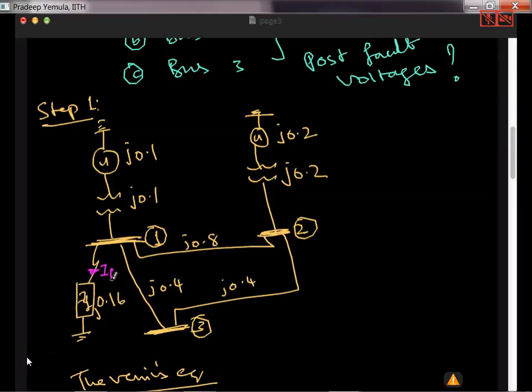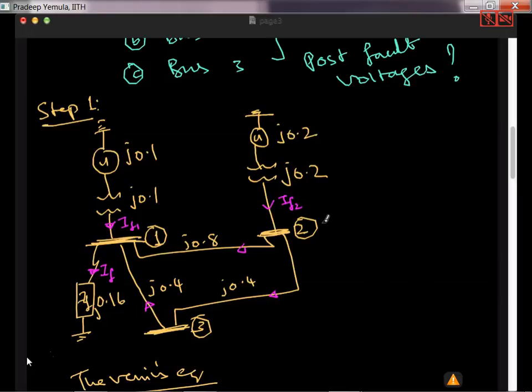This is IF. Some current will come from here, some current will come from this. There are two generators, so this is IF1, this is IF2. Then IF2 will split into two parts, and some current will flow like this, and some current will flow like this, and finally all the currents will meet here and go into the fault current. So this is the circuit that we are getting.